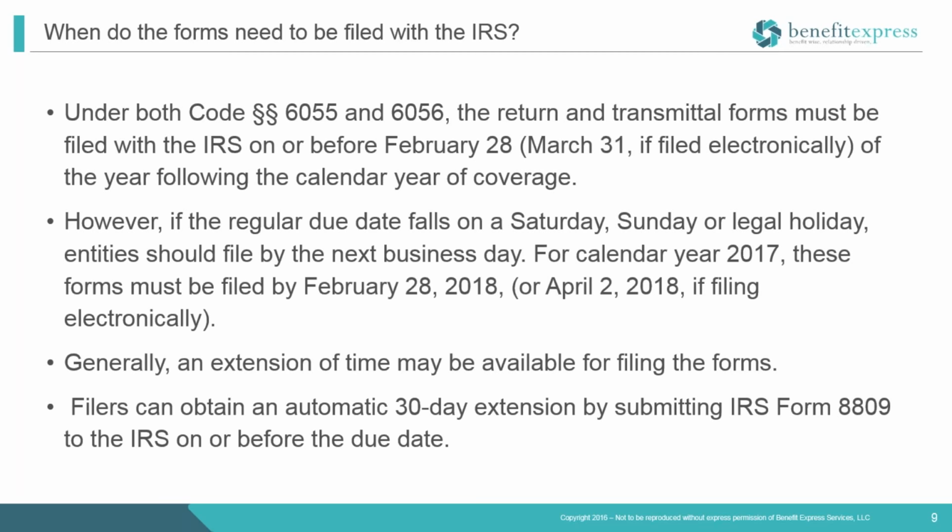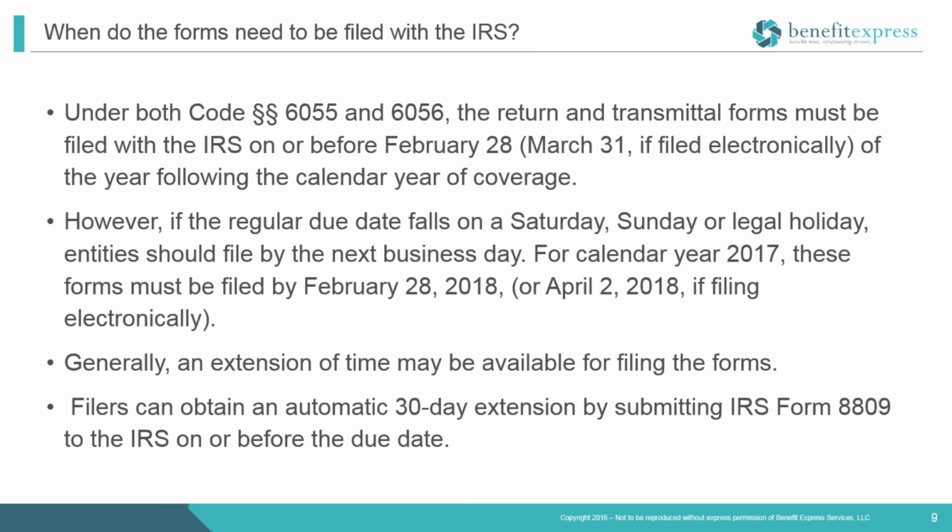So again, now remember, these dates are the original dates that always had to be filed. And in the past couple of years, what's happened is they've granted automatic extensions. This year, it doesn't look like they're actually going to grant an extension.